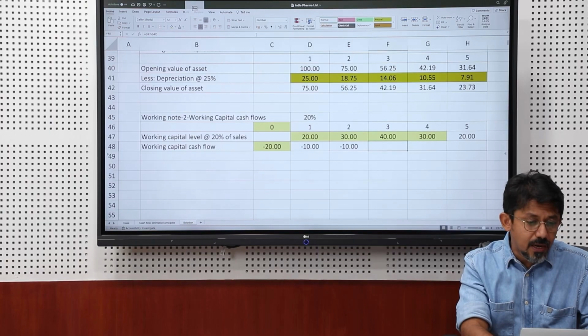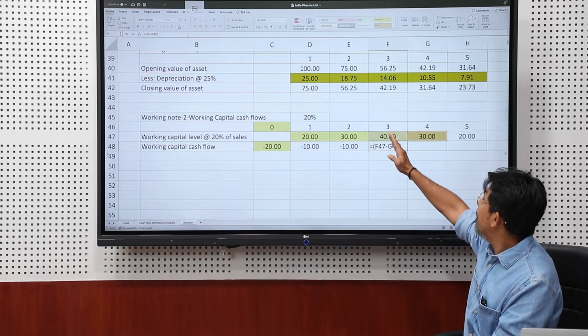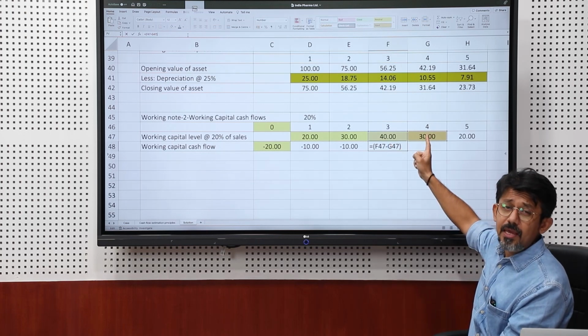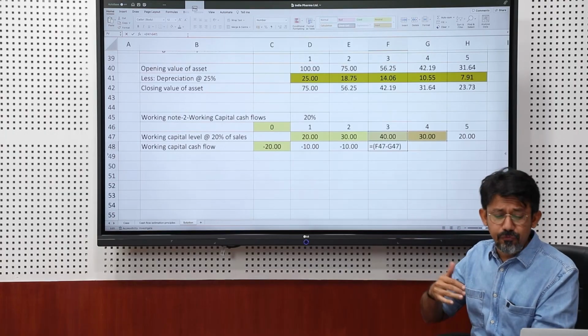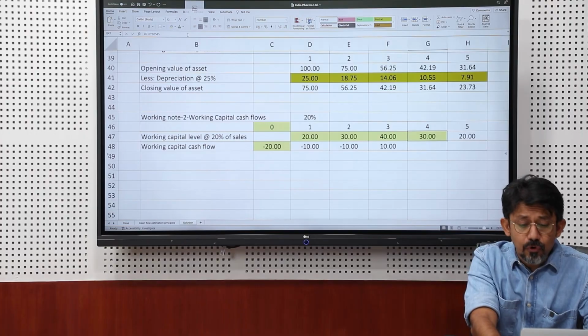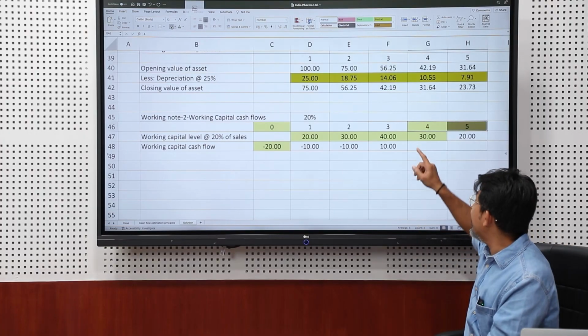So this formula again remains the same. It is cell F minus G, but it is now 40 minus 30, resulting in a cash inflow of how much? 10 million, right. Again, if you look at year 4 and 5, it's a reduction in working capital.